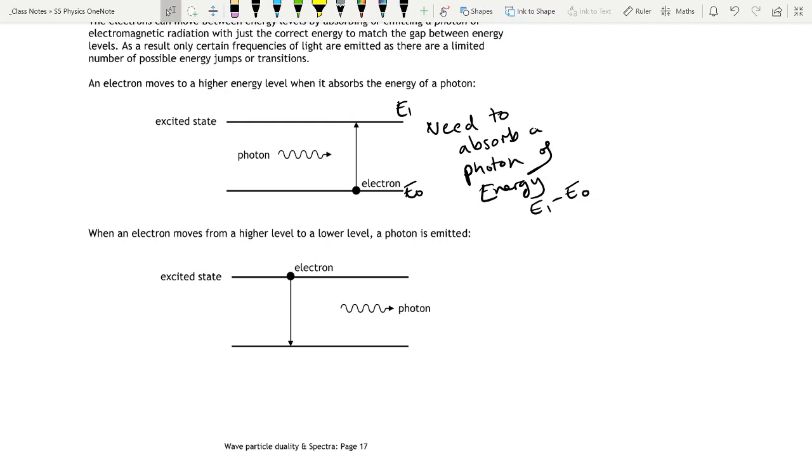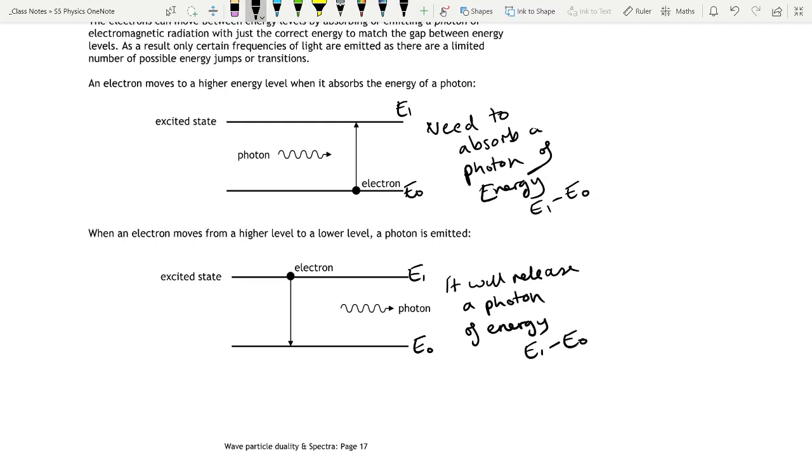And when it goes down, it will release a photon, which will be exactly the energy between the two states. So it's all about the energy differences of the energy levels.